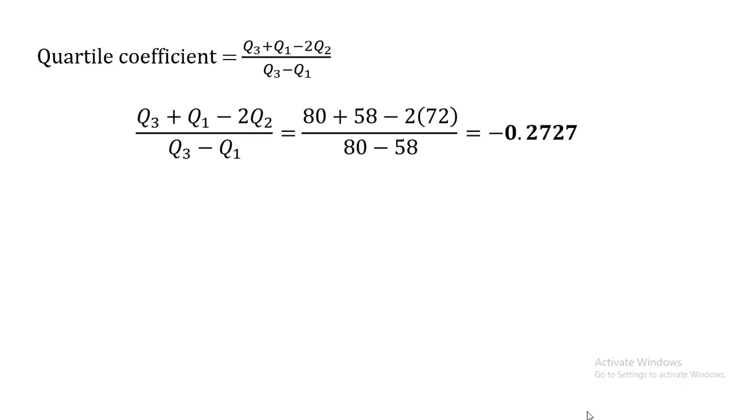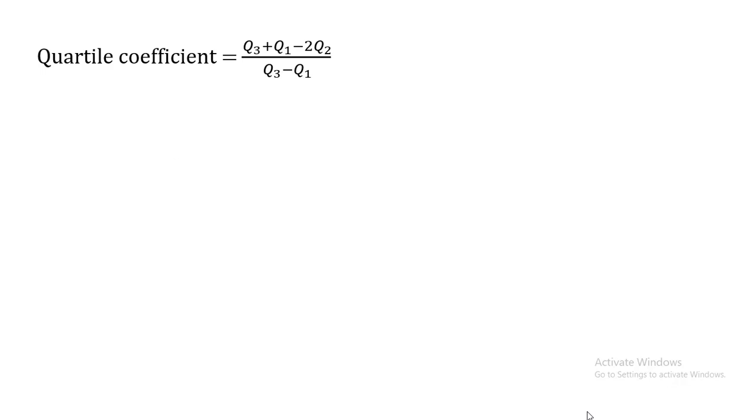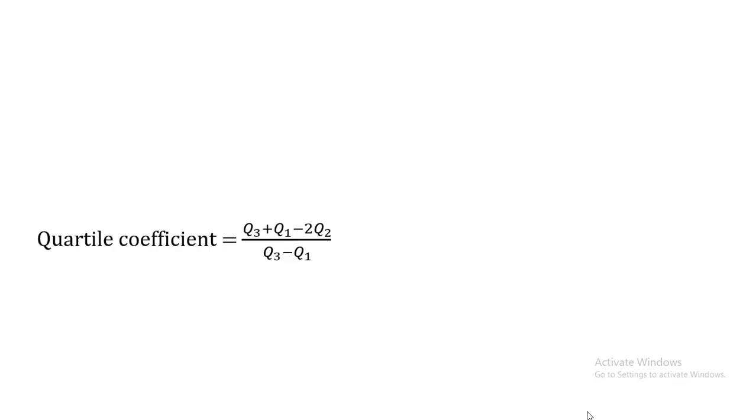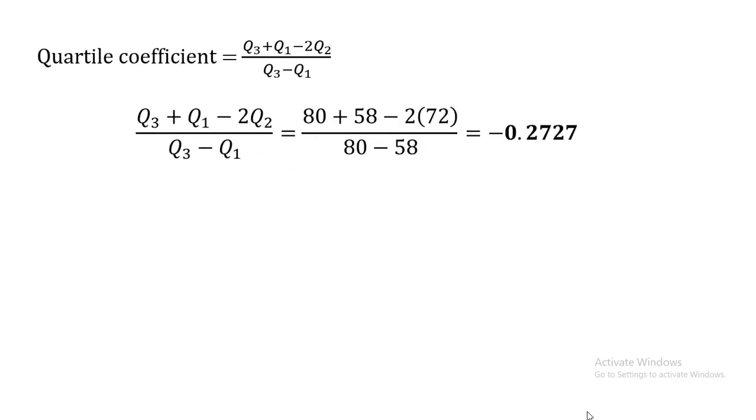As you can see, all the answers I got have a negative sign, which indicates that the distribution is negatively skewed. As I told you earlier, in measures of skewness, if any of the coefficients is negative, then all the coefficients should be negative in order to declare a negatively skewed distribution.